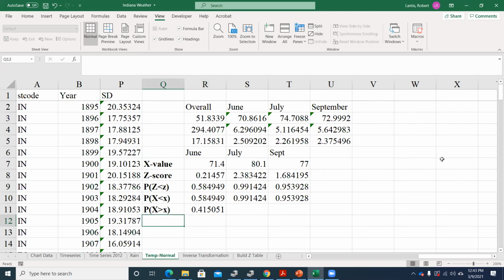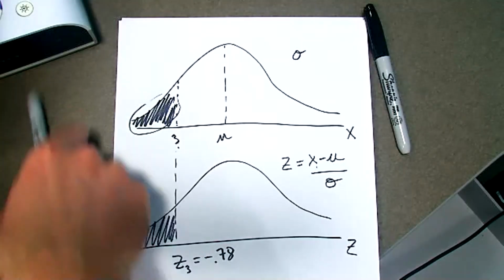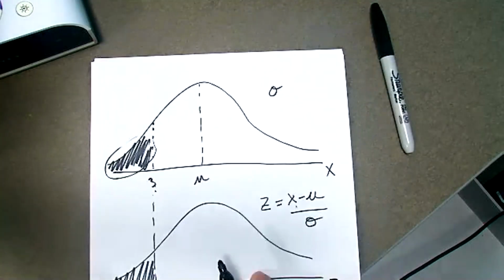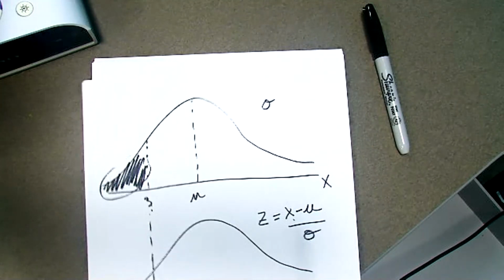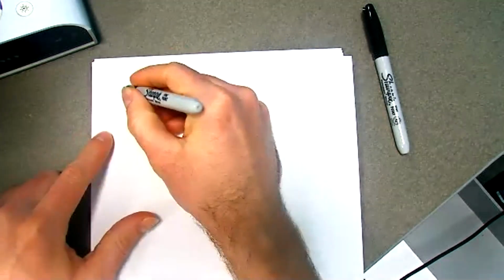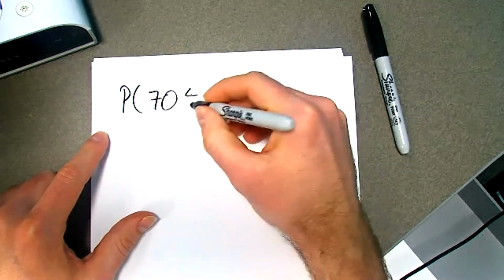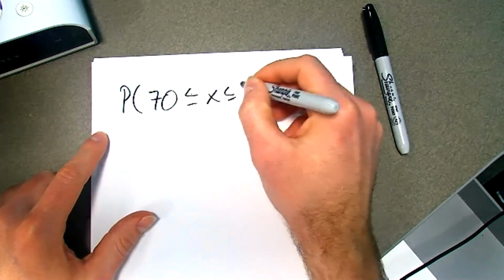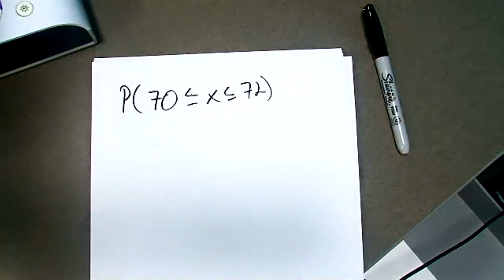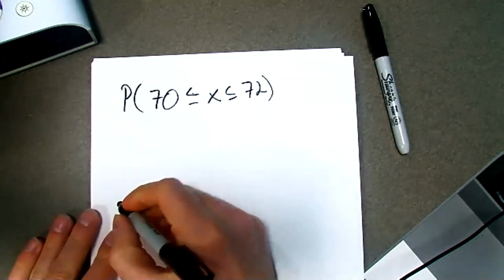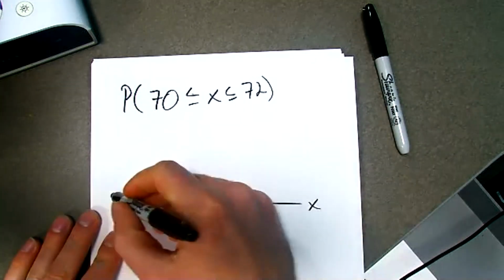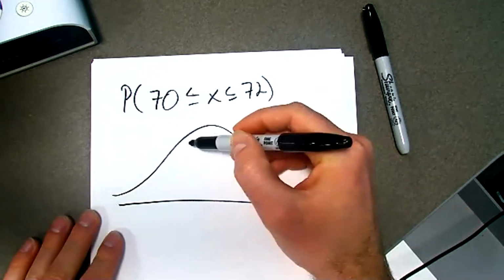What if I wanted the probability that I'm in between two values? So let's say the temperature of 70 and 72. What was the mean?